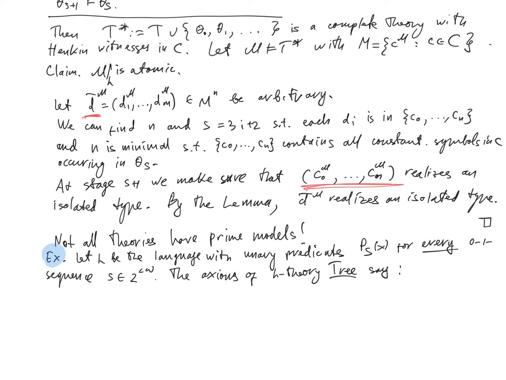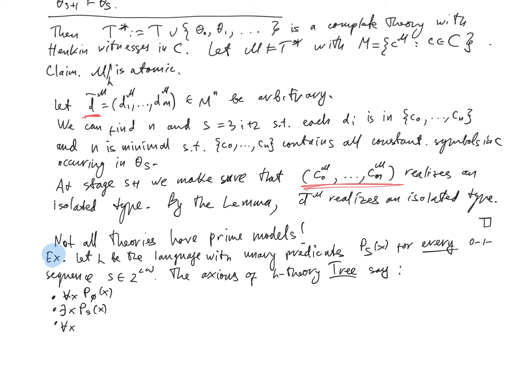So we want to express that the predicates P_S for S a finite sequence of zeros and ones form a binary decomposition of the universe. So namely, for every x, P of the empty sequence holds, so this is the whole universe. There exists x with P_S of x, so every predicate is non-empty.